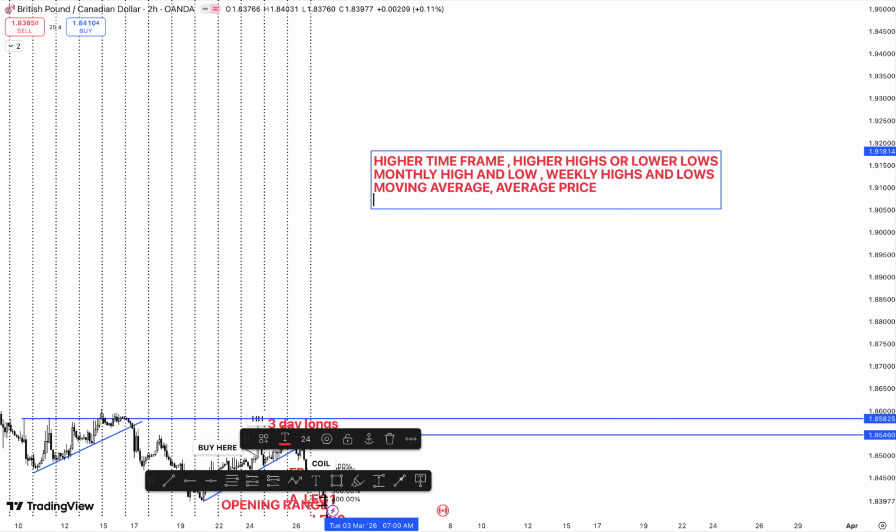Now we want to look at magnets. Markets have magnets, and this magnet can be, number one, closing price, both the previous and the present. We want to look at daily highs and lows.